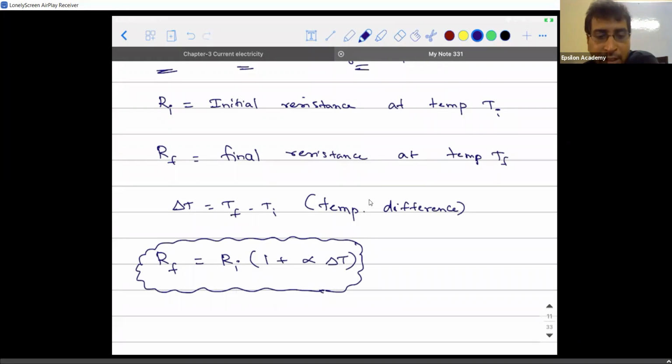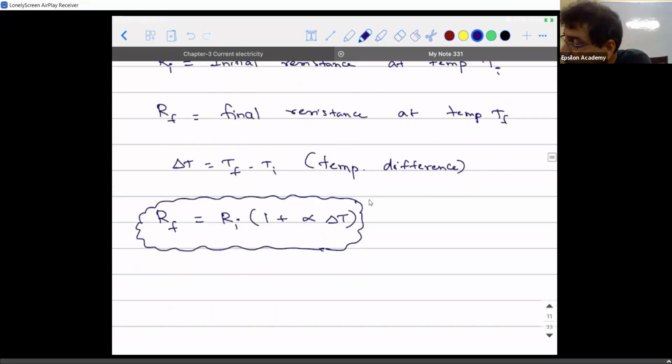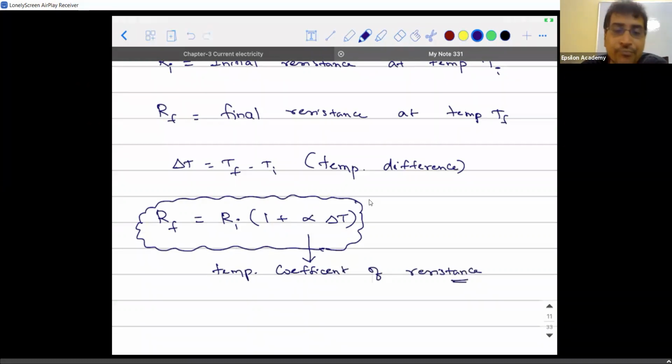L final is equal to L initial into 1 plus alpha into delta T. Here this alpha is called the temperature coefficient of resistance.